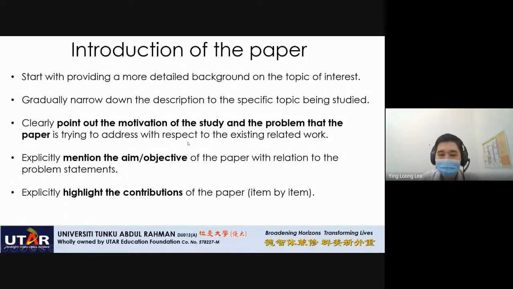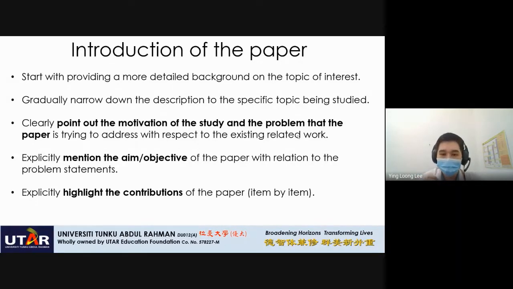And you should do this with respect to the existing related work. That means you should do a literature review. You have reviewed many papers, then only come up with this problem, right? Because if some problem has been solved by other papers, then what is the motivation of doing this study again? It's just a replication of other people's work, right? So the novelty will be less in this case.